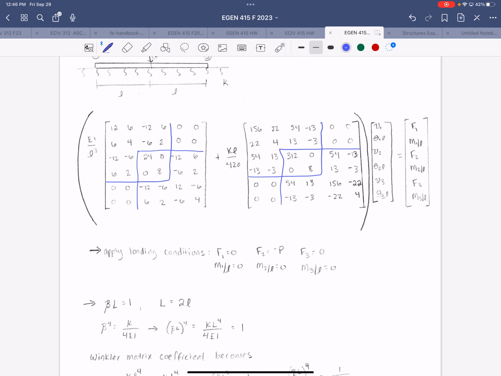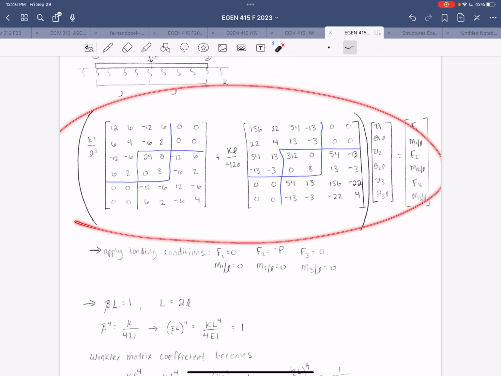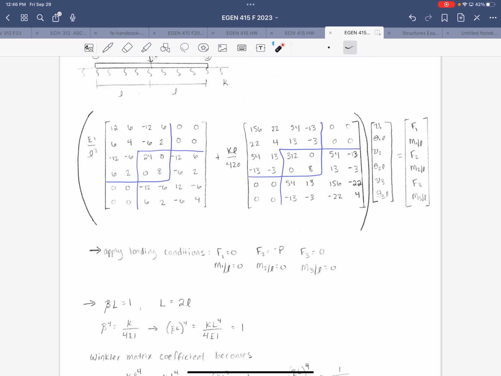Now, in order to proceed with this solution, we need to be able to sum these 2 matrices together, right? And so that means we need to get creative with these terms out front so that we can do that and just have numbers to deal with in our matrix math.